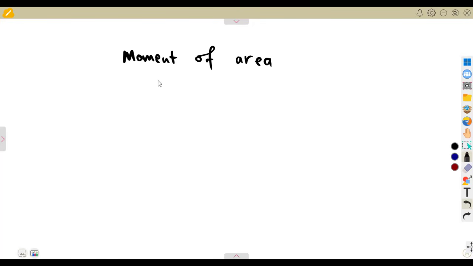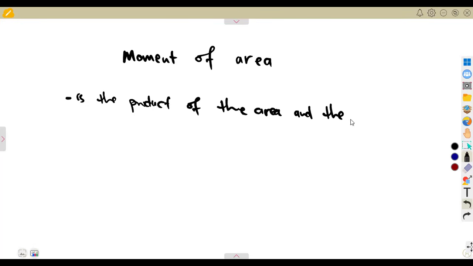The moment of area, it is simply talking about the product of area. So this one we simply have is the product. I'm gonna explain this very soon. The product of the area and the perpendicular distance of its centroid.